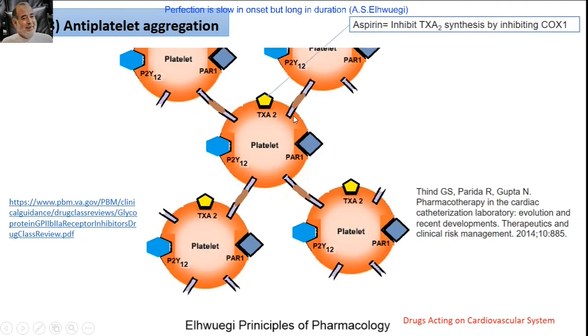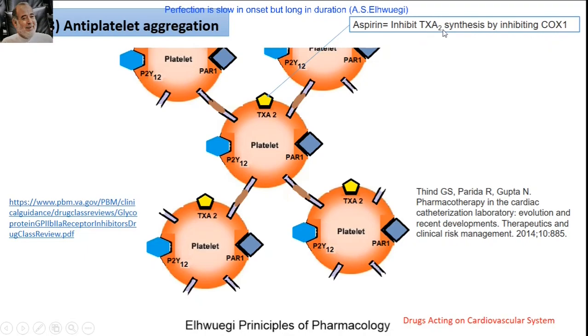We can antagonize the thromboxane effect through the use of aspirin. Aspirin is a well-known COX-1 inhibitor. Aspirin inhibits cyclooxygenase 1, and this cyclooxygenase 1 is responsible for the synthesis of thromboxane A2.